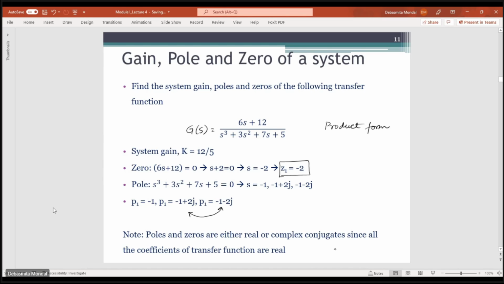A complex conjugate pair will always be there if there is one complex pole or zero present, because the coefficients of all the terms in the transfer function we are dealing with are real numbers. That's why you will have either real poles or zeros, or complex conjugate poles or zeros.